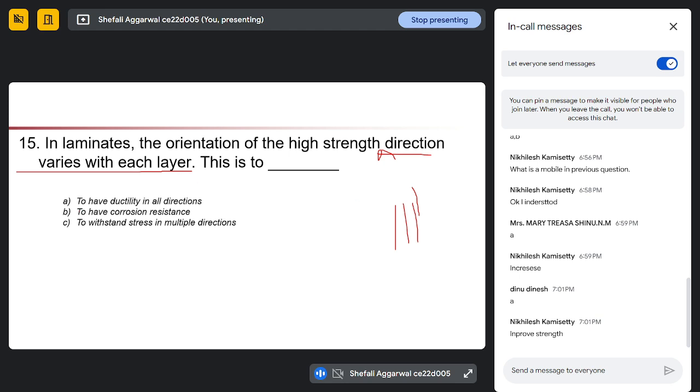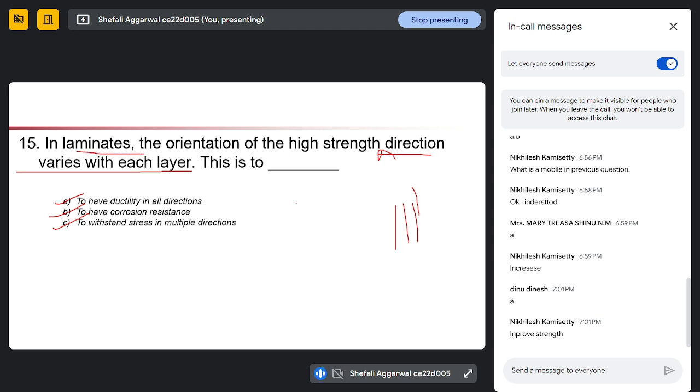Why? Because to have ductility in all directions, to have corrosion resistance, to withstand stress in multiple directions. Any idea?